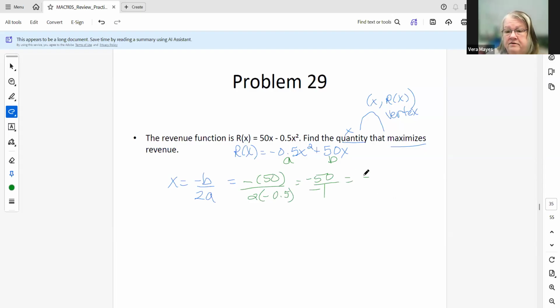And so negative divided by negative is a positive. So we need to find 50, and we don't know what we're selling. So we're just selling 50 items. We don't know what they are. They could be computers, they could be shoes, they could be pencils, who knows? But because it's a quadratic, we can use this vertex formula again to find the highest or the lowest point.